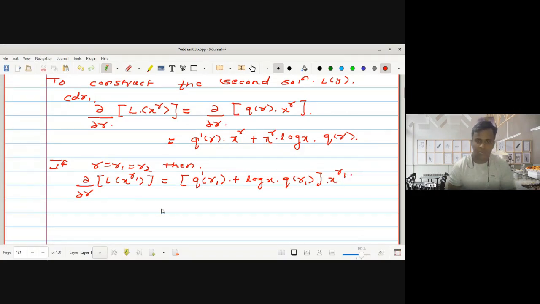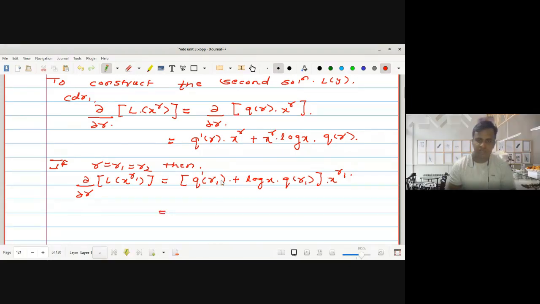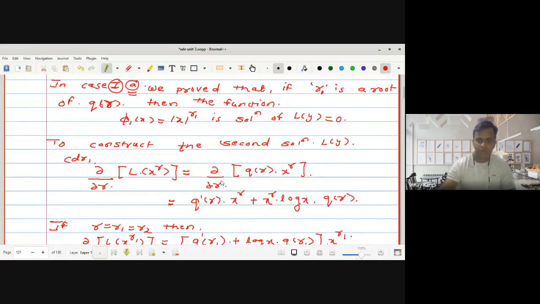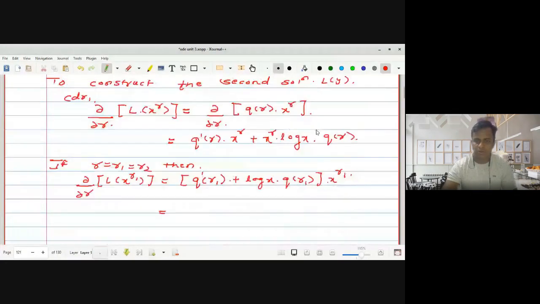Any doubt up to here? No, sir. What is q dash of r1? Look here. r1 is a root of q of r, so q of r1 is equal to 0, and q dash of r1 is also 0. Now putting these values in this equation, we get 0 plus log x into 0, in the bracket, x raised to r1.